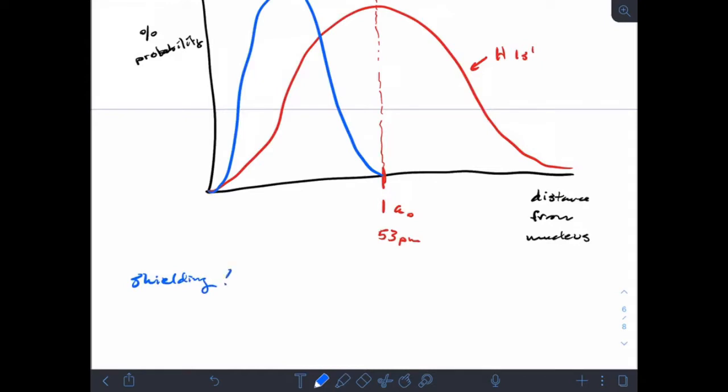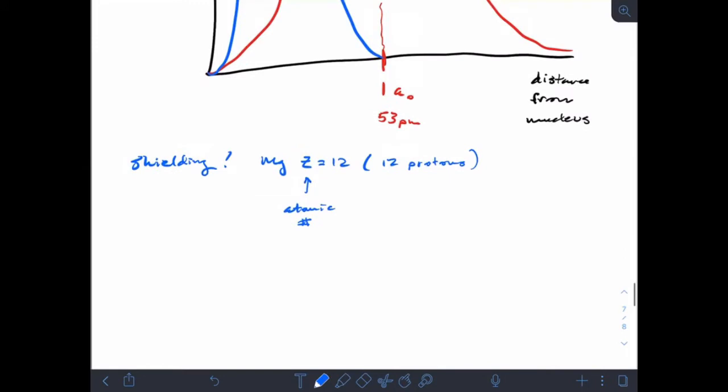All right? So magnesium has a Z of 12. And remember, Z is the atomic number. So 12 protons in a magnesium. So the higher Z value has a greater pull on the inner electrons.